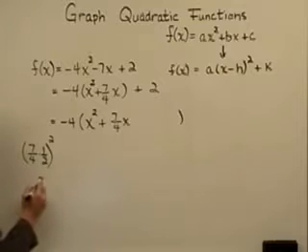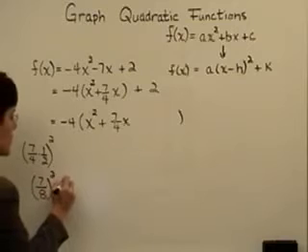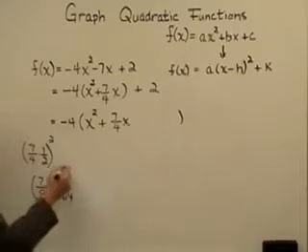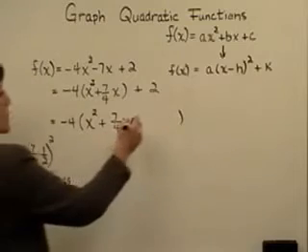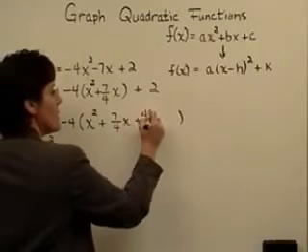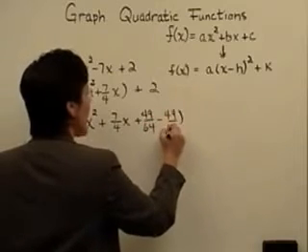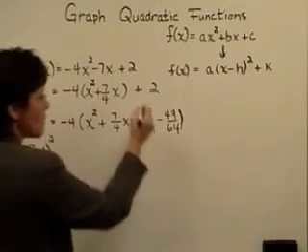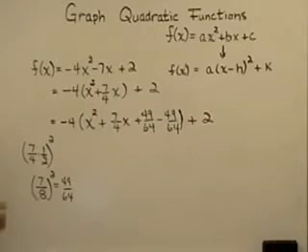Well, that value is 7/8, and 7/8 squared is 49 over 64. So that's the value I'm going to add and subtract. Remember, you add it, and then you take it away, because you want to be adding 0. You don't want to affect this problem, and then I've got to bring down my plus 2 over here.